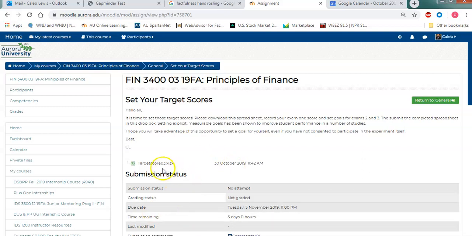And so I encourage you to please go in here, download this spreadsheet, put in your name, your exam 1 score, and then your targets for next week's exam and then your final exam. Again, this exercise is really valuable, even if you haven't consented to be a part of the experimental investigation. This exercise in goal setting is really, really valuable, and I encourage all students to do so.